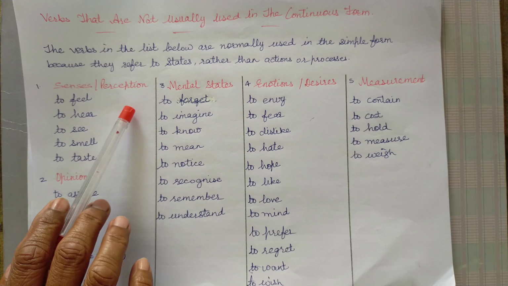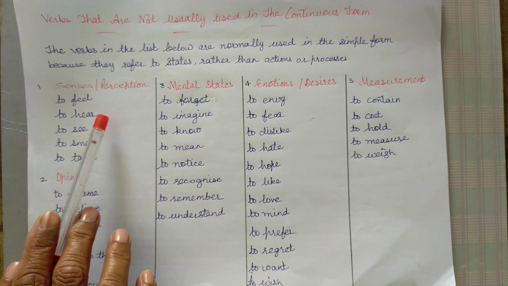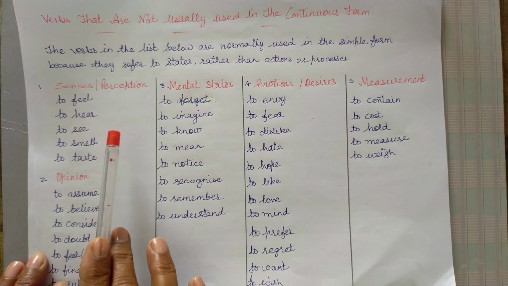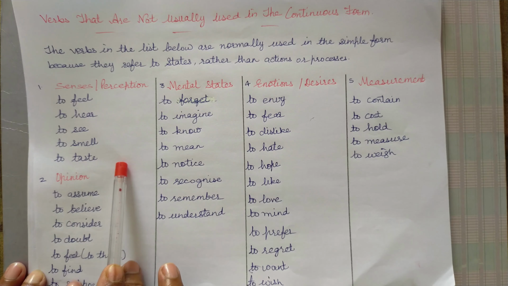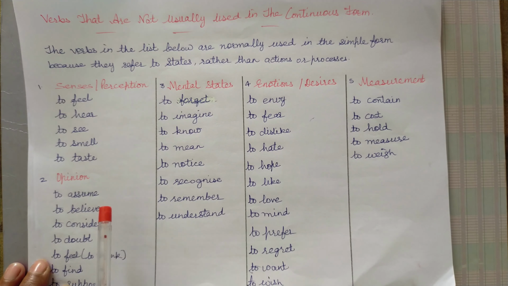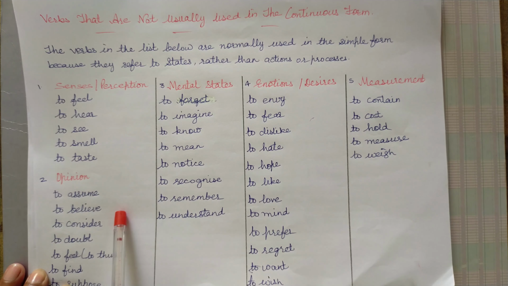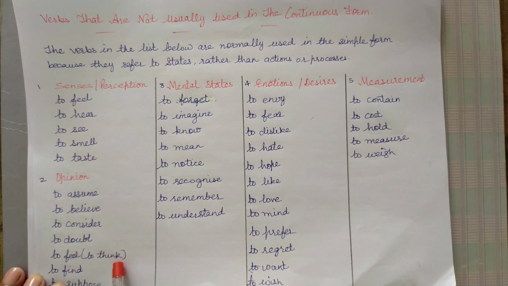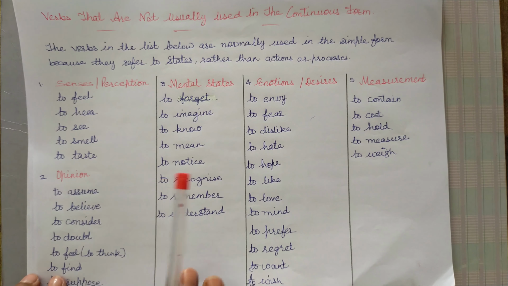Senses or perceptions: to feel, to hear, to see, to smell, to taste. Opinion: to assume, to believe, to consider, to doubt, to feel or to think, to find, to suppose.